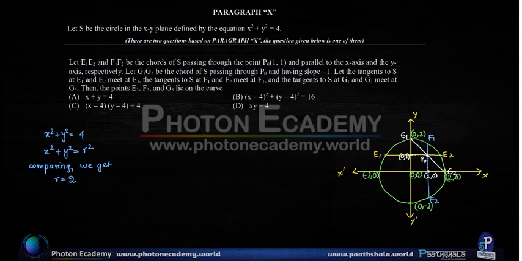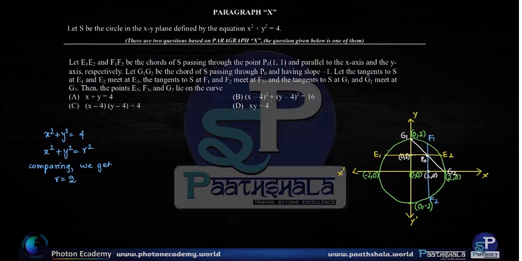Now, it's given that the tangents at E1 and E2 meet at E3. So the tangents at E1 and E2 can be written as this. We will extend the coordinate axis.